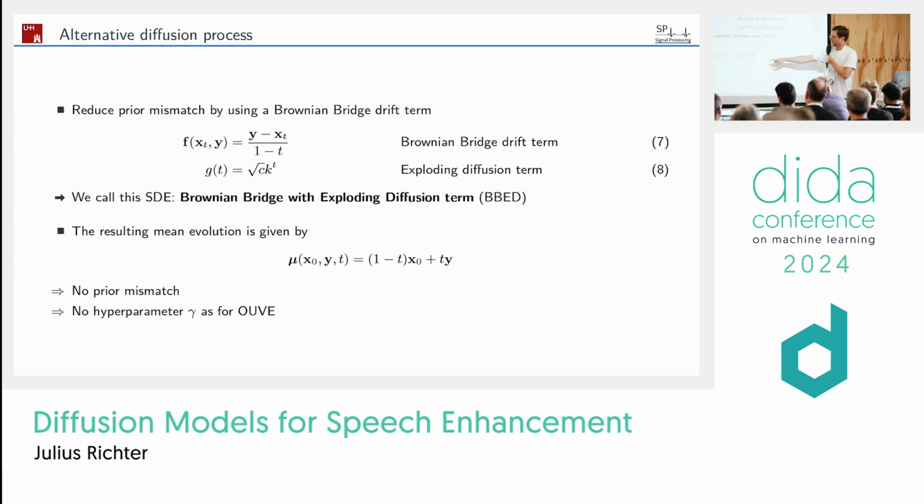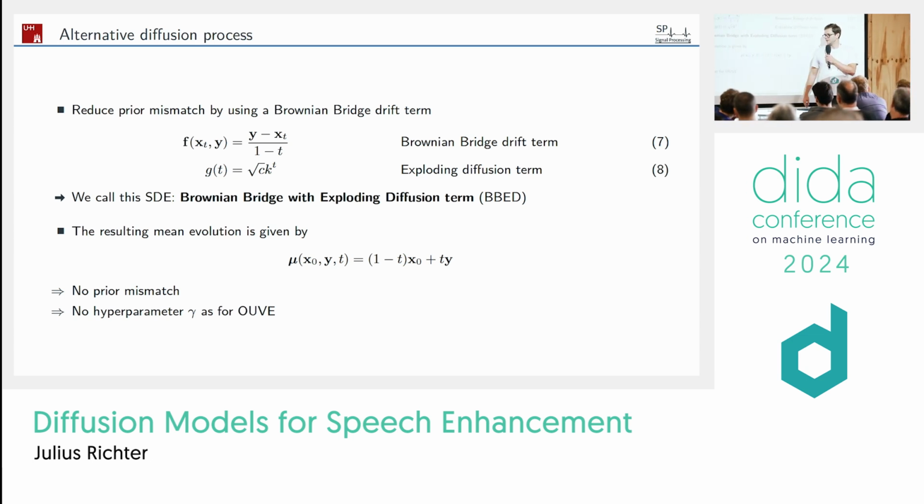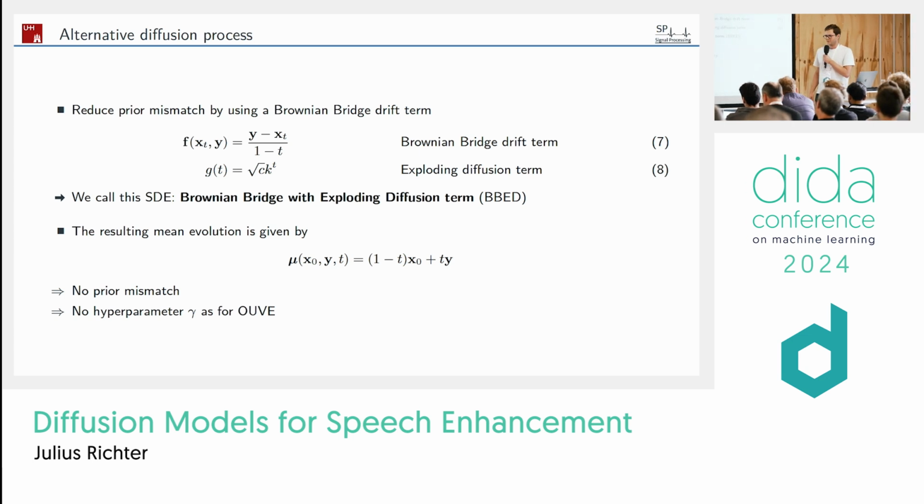And if you now look at the mean evolution, then you see you have a linear interpolation of linear speed, and also for t equals 1, you really reach y. So we have no prior mismatch. And also another side effect, we get rid of hyperparameter gamma. And yeah, that's always nice for us machine learners to have less hyperparameters to tune.